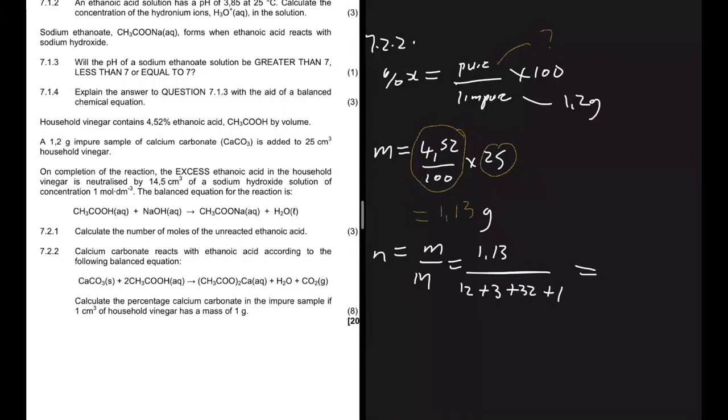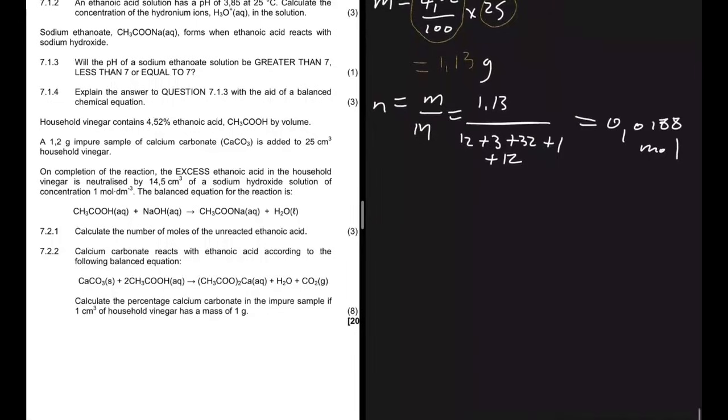So divided by 12 plus 3 plus 32 plus 1 plus 12 again. I just missed the carbon there, and this is giving me 0.0188 moles, right?